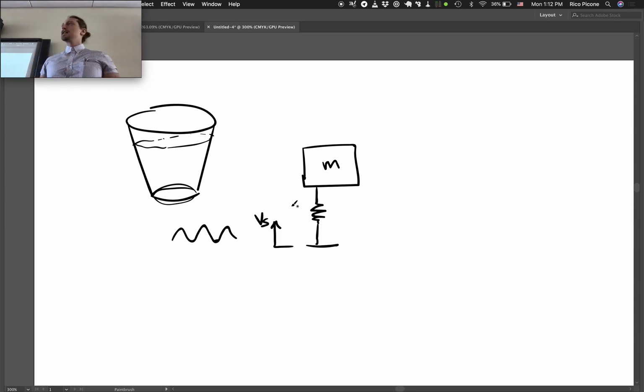And something that I also observed was that if I stopped, it did not continue to move up and down. The fluid did not continue to go up and down. That would have been cool, but it did not happen. And so therefore, energy must be leaving the system, right? So we've got to have a damper in there.